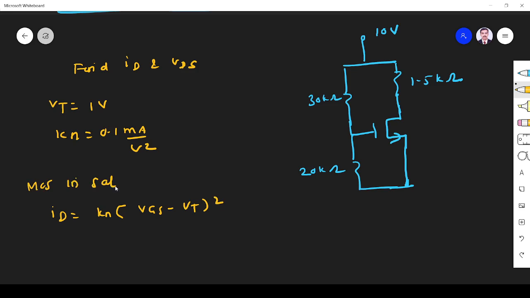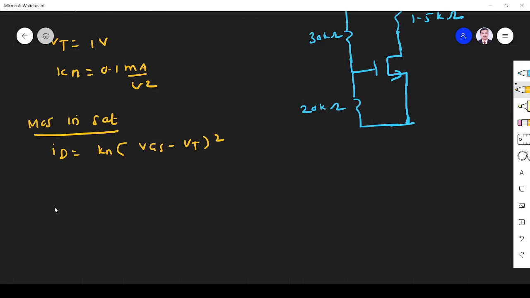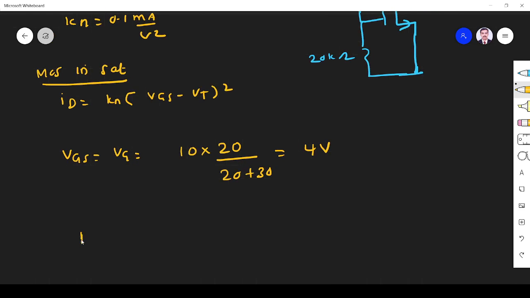If it is not in saturation, we have to proceed in a different way. So for ID, I need VGS. VGS we know how to find. VGS equals VG, given by total voltage and the voltage across this 20K divided by total resistance 20 plus 30. So it is 4 volt. So I got VGS. So ID is equal to Kn, they have given 0.1 milliamps, times (4 minus 1) squared. So ID is equal to 0.9 milliamps.